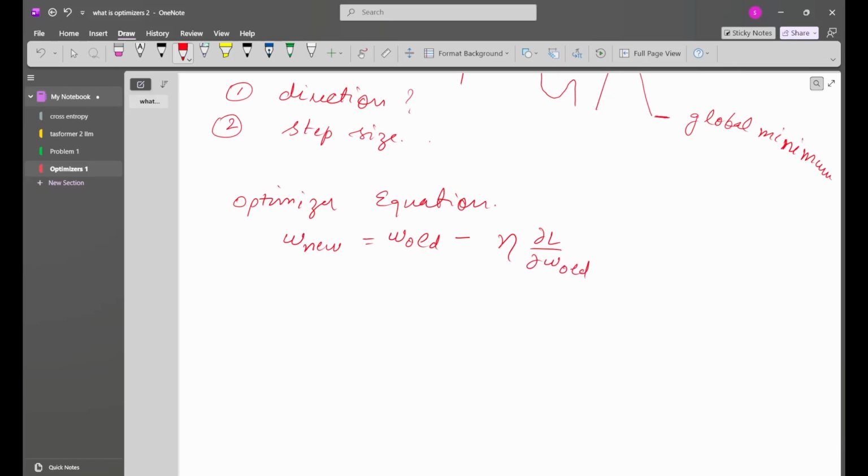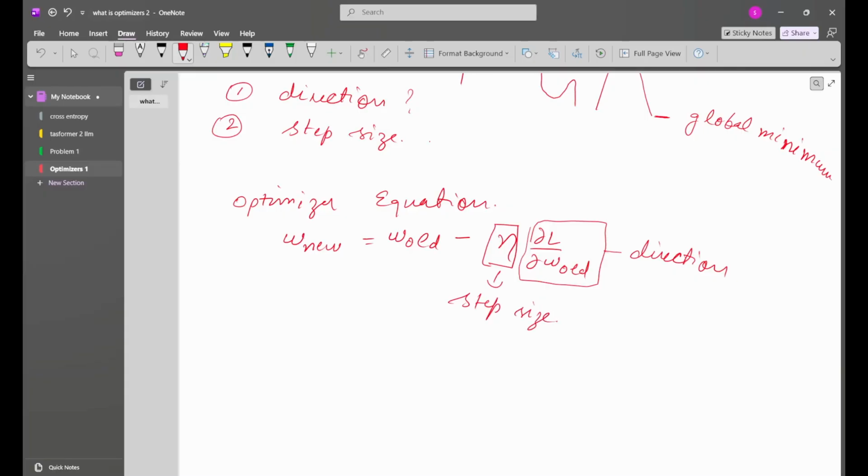In every type of optimizer, we use the same equation. Here, the gradient tells us the direction, and the learning rate tells us the step size.